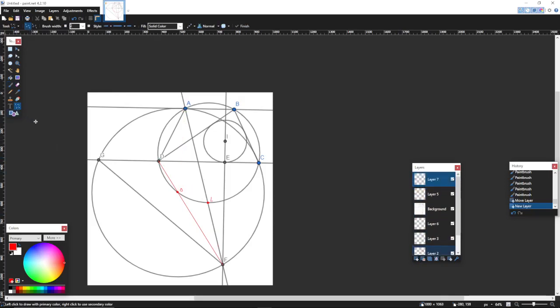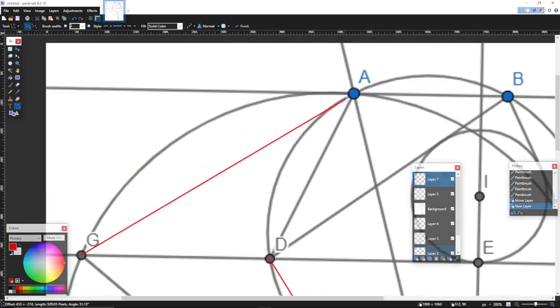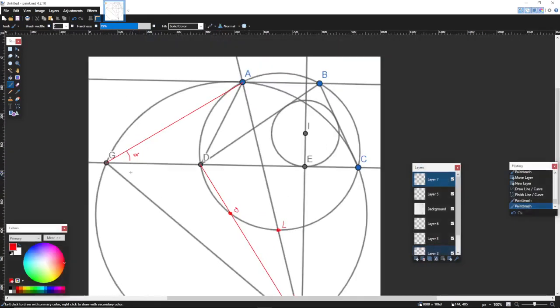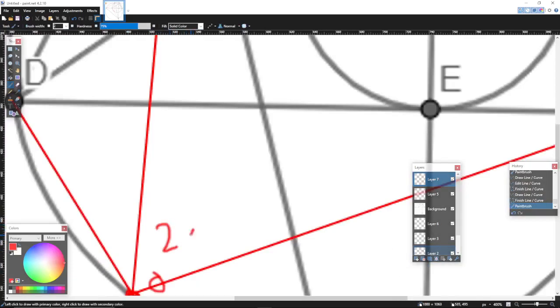So let's look at some of these angles. All right. Let's do some work. Firstly, see this? Let's label this angle alpha. By the inscribed angle theorem, angle AOC, as I'm drawing here, is gonna be angle 2 alpha.